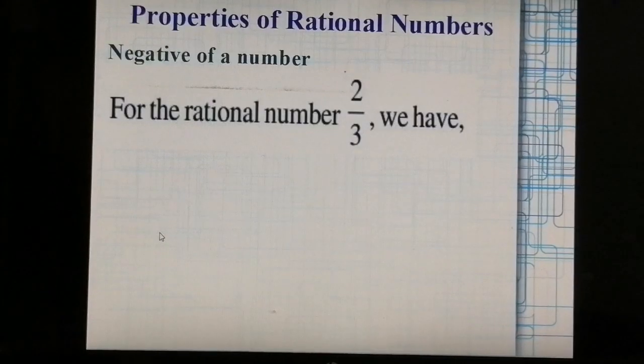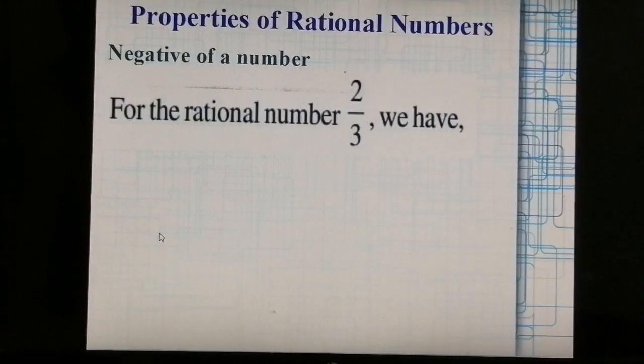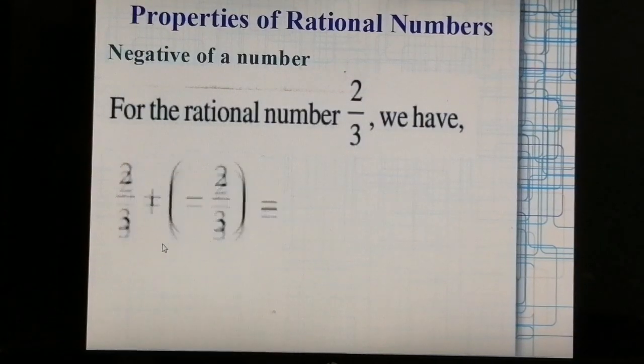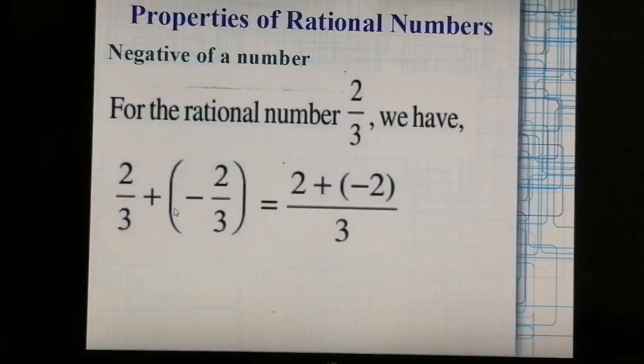Now for the negative of a number, here we are going to see the inverse property, and the first one is the additive inverse. For rational numbers, we have 2/3 and again 2/3, but here we put a minus sign before it, and if we add these two we get 0.